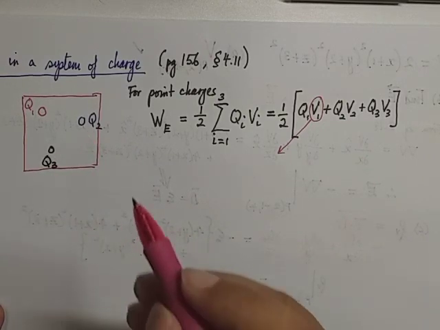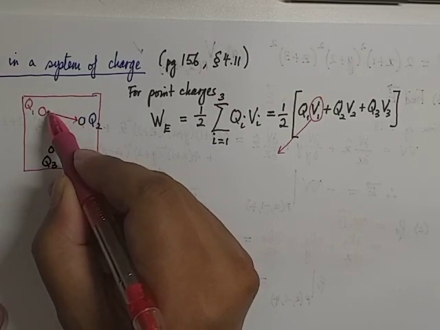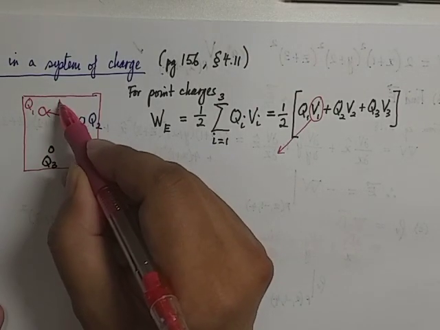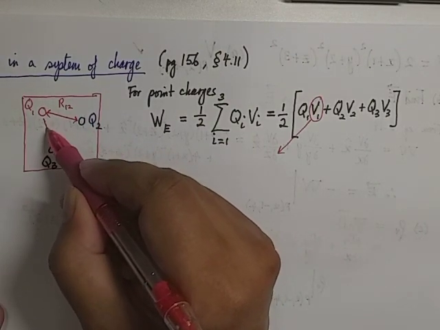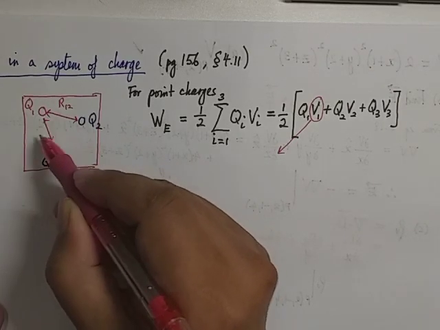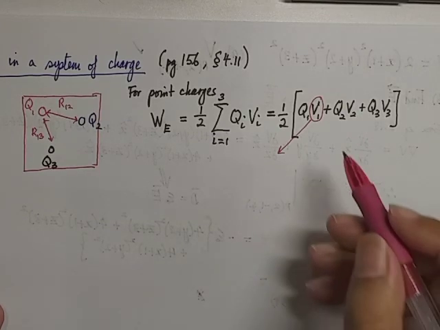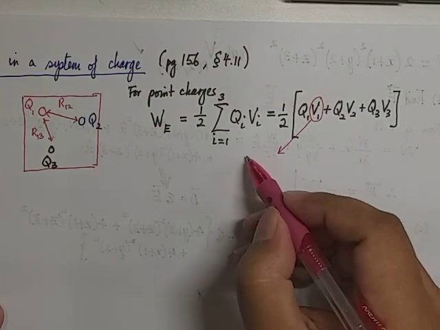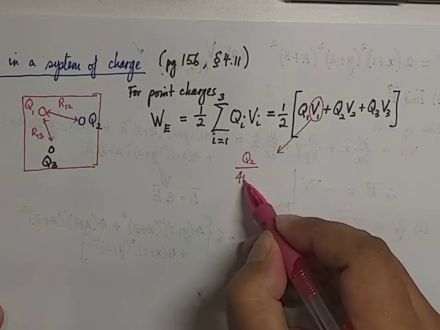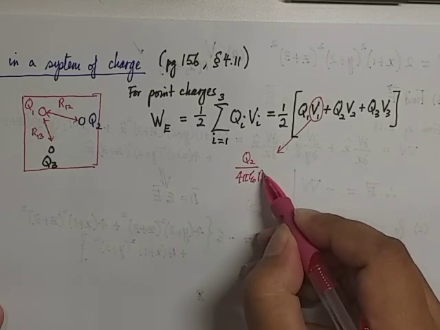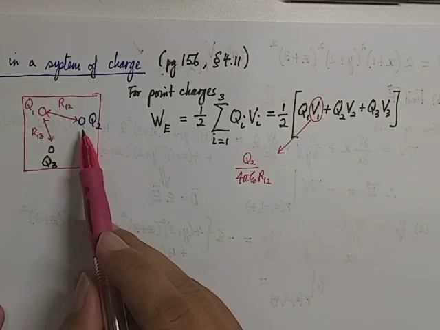So what we need to do is derive the distances now. The distance between Q1 and Q2, let's say, equals R12. The distance between Q1 and Q3, let's define to be R subscript 13. Then V1 should be defined as Q2 over 4 pi epsilon naught R12. That should be the potential here due to this source.